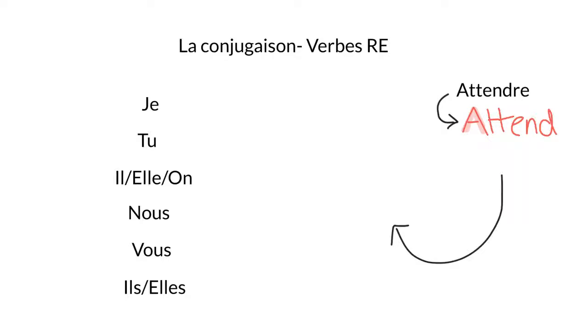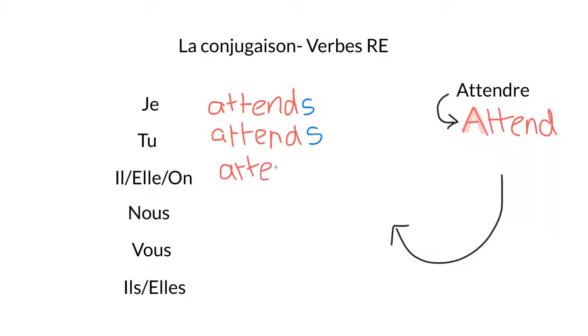So, to conjugate this verb, for je, it is j'attends. But it has an S on the end. For tu, it is again tu attends, which also has an S on the end. And for il, elle, on, it is il, elle, on attend. And this actually has no ending on it, it's just the stem.